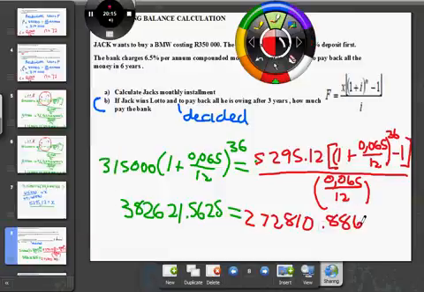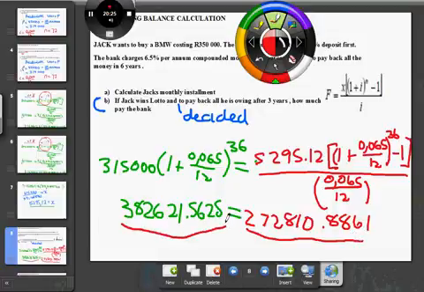Now, as you can see, the money that Jack has paid, which is that, and the money that the bank expects him to pay, they are not the same. That means there is a difference. The difference between the two sides is then called the outstanding balance.